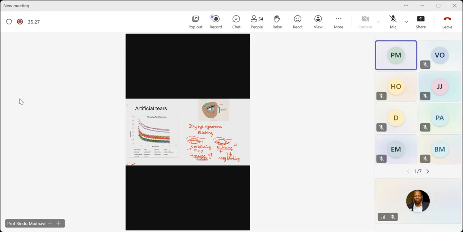So when we consider non-blinking condition where there is no action of shear stress, the viscosity is more. The moment eyelids start blinking, shear stress is acting on the fluid and there is a drop in viscosity. The natural rheological behavior of tear fluid is to have the pseudoplastic behavior.